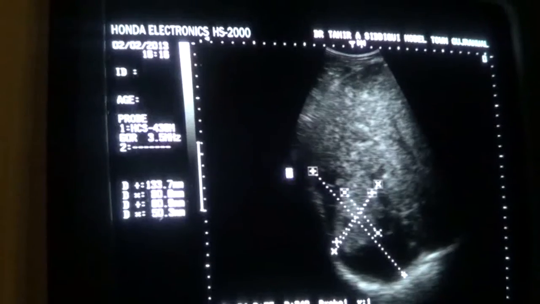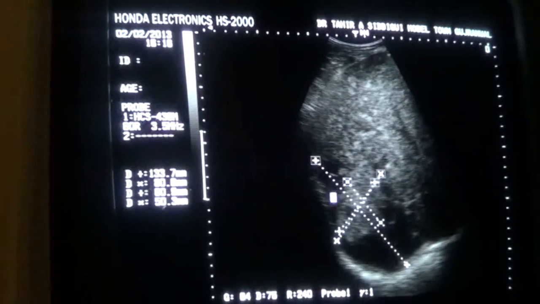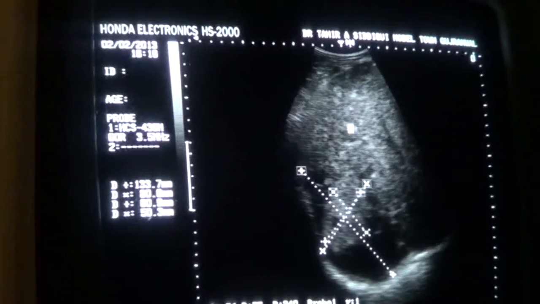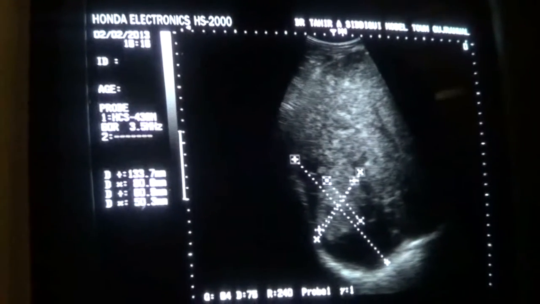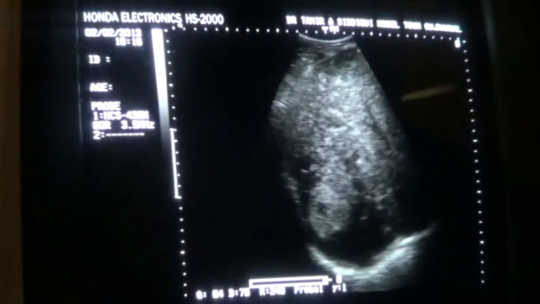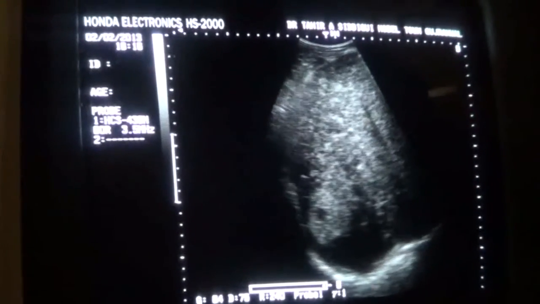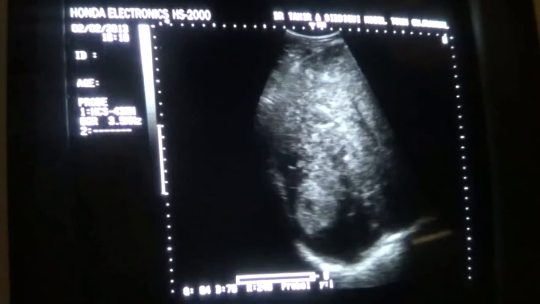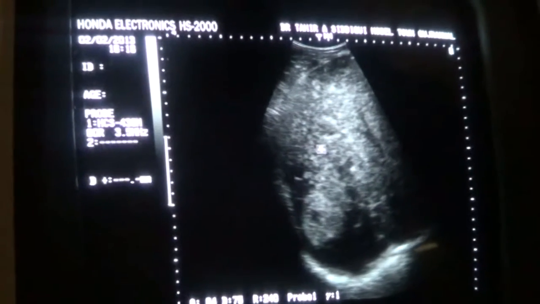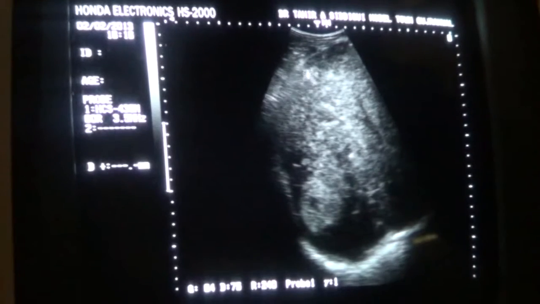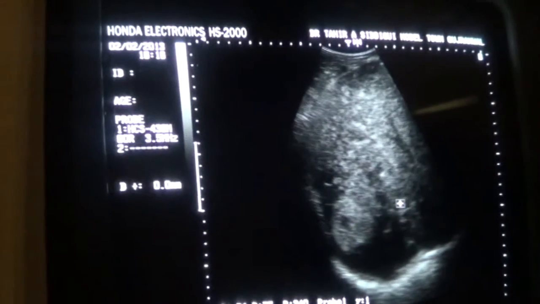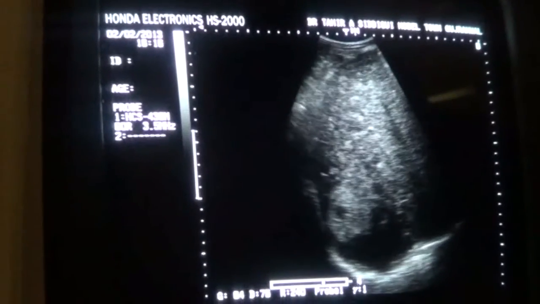We don't see any fluid anterior to it. These are the hypoechoic lesions. These are echogenic particles, multiple, numerous, quite obviously seen in this segment. Tiny, you cannot count these tiny echogenic particles within this cirrhotic liver.